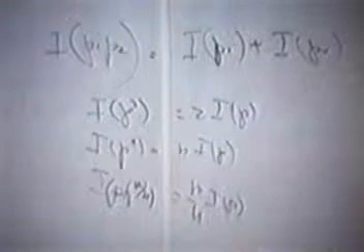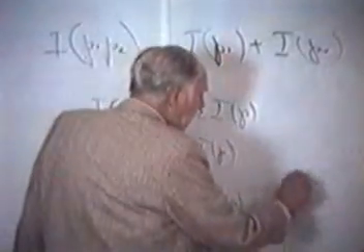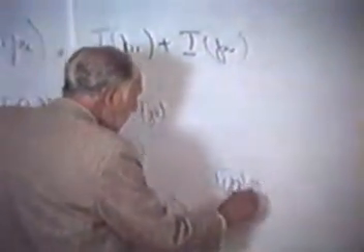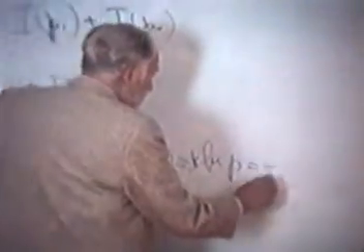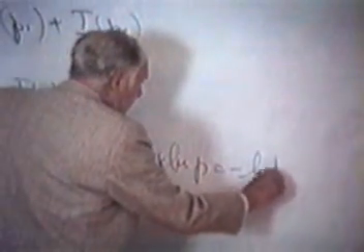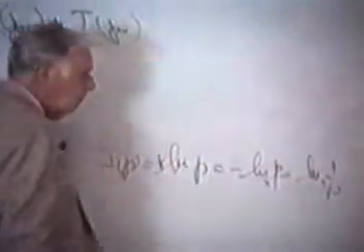Since it's true for all the rationals, it's true for all values if the function is continuous. And from this you deduce I of P is proportional to log P. And we will find out, fiddling a moment, it's minus log P to the base 2, or log of 1 over P to the base 2. It comes out straightforward. You can show the uniqueness of it, and such other things, without any trouble. It's the standard Cauchy difference equation.